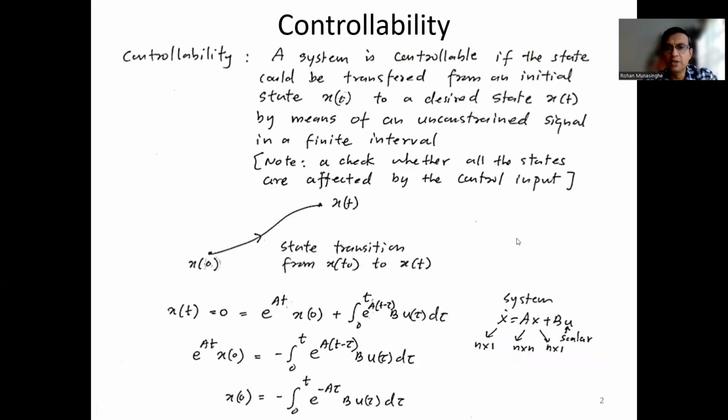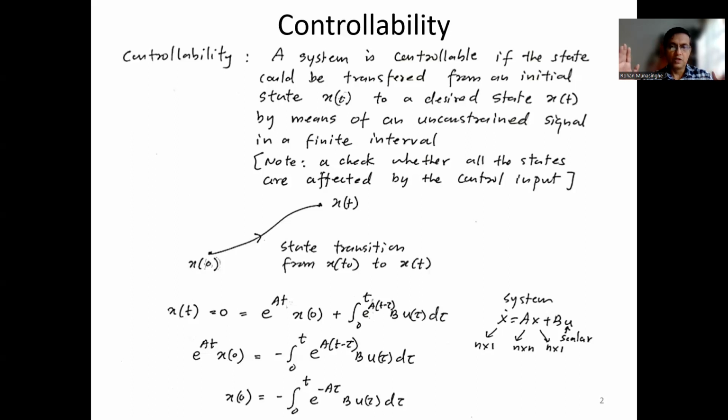First, controllability. So what is controllability? If you just read a paragraph on controllability, it will tell you this. A system is controllable, and system means a plant, if the state could be transferred from an initial state to a desired state by means of an unconstrained signal in a finite interval.